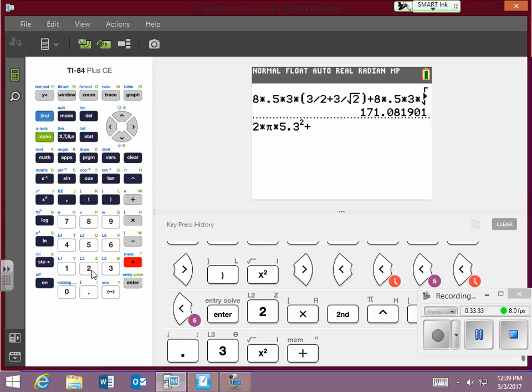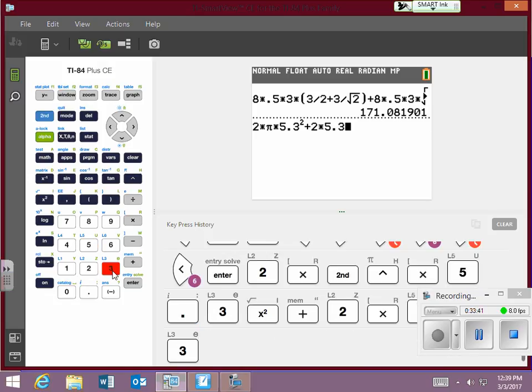So that's 2 times 5.3 is the circumference, 2 times 5.3 times pi. That's the circumference. And then times that height is 17 point, what was it? 17.7.